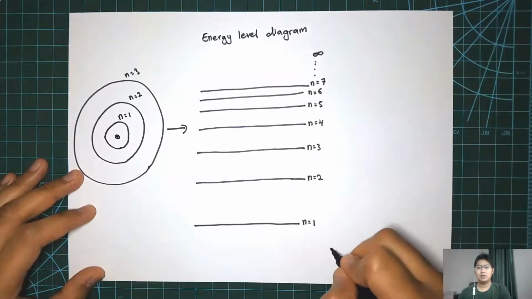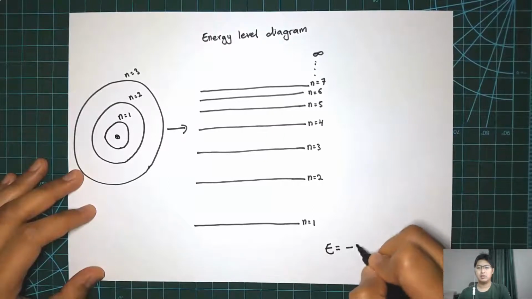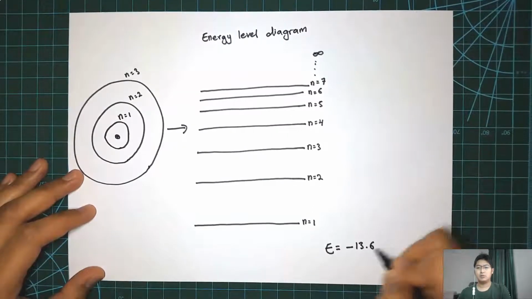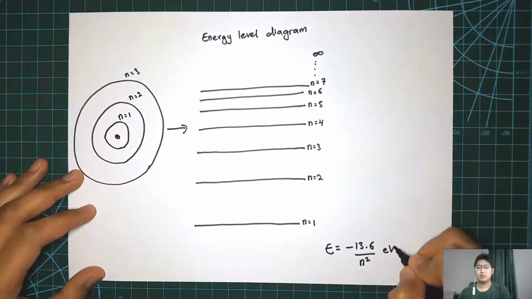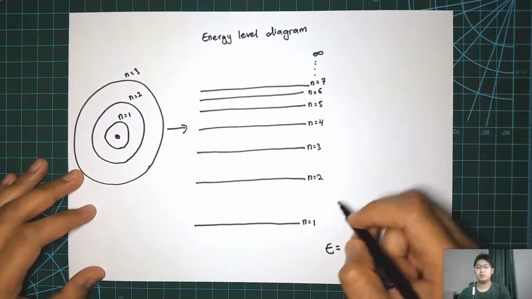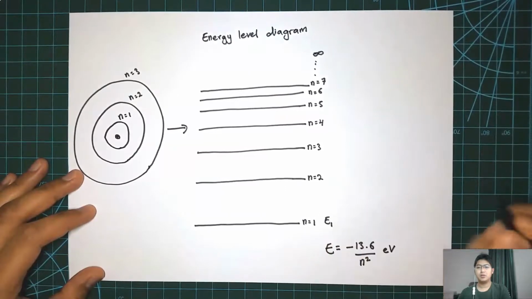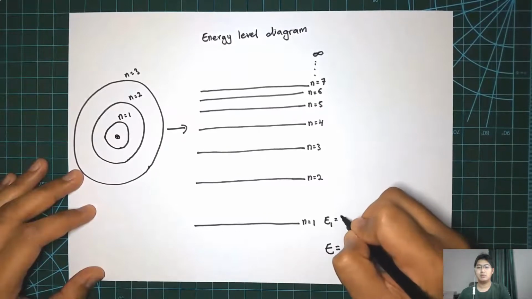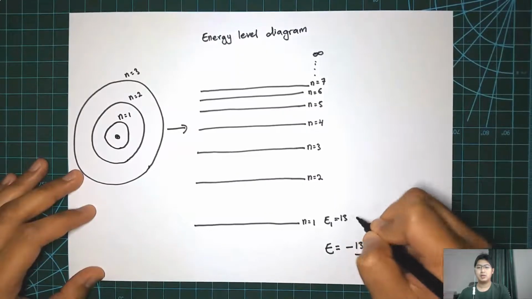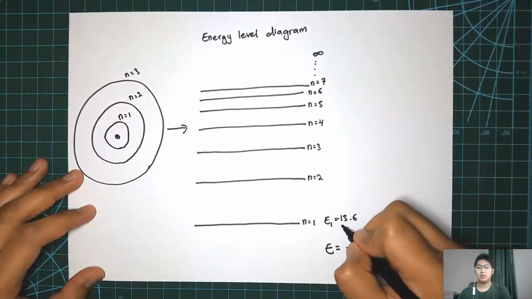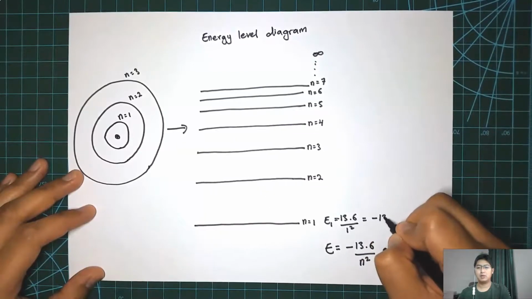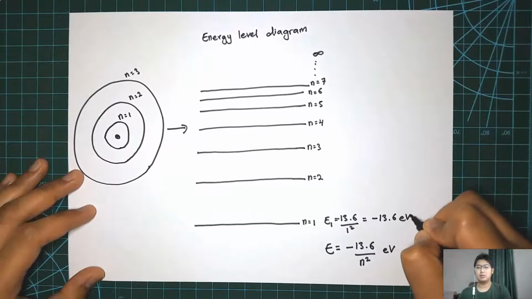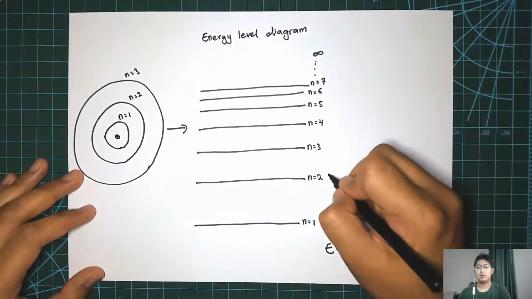And then the energy level is associated with this equation: the energy equals minus 13.6 divided by n squared electron volt. So for energy level 1, E1 equals negative 13.6 divided by n squared, where n is the orbit of the electron, equals negative 13.6 electron volt. That's for the ground state, the first orbit.